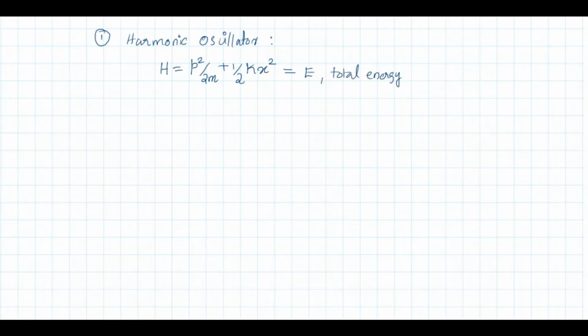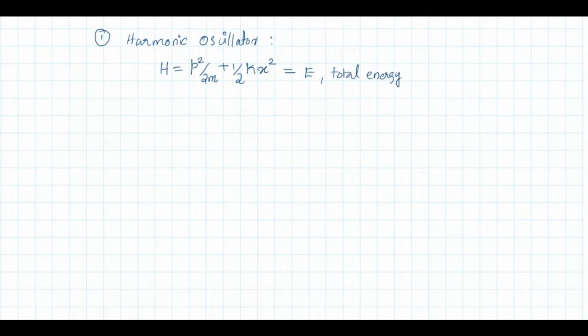For the harmonic oscillator, we have the Hamiltonian H = p²/2m + (1/2)kx². Here this Hamiltonian is the total energy and it is a constant. The harmonic oscillator is a conservative system, and its Hamiltonian is nothing but the total energy, a constant.